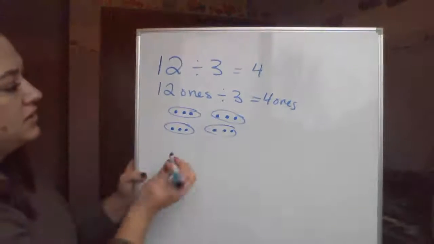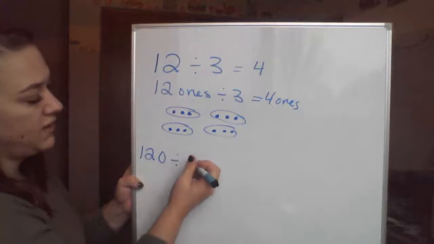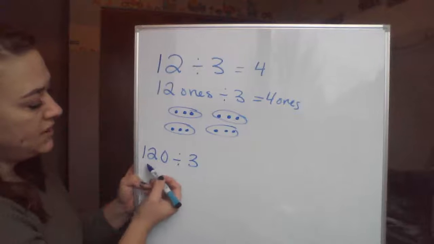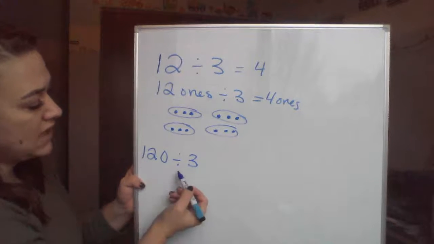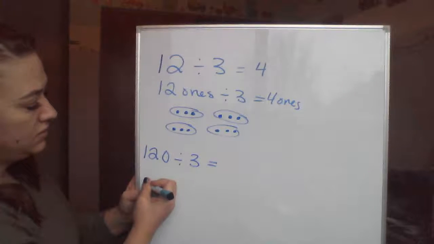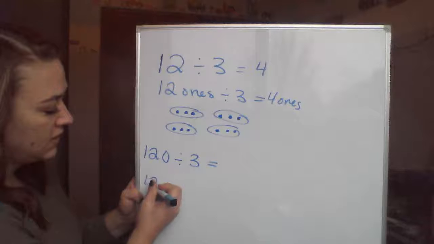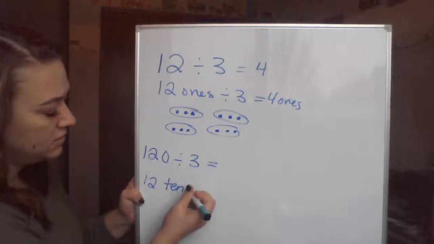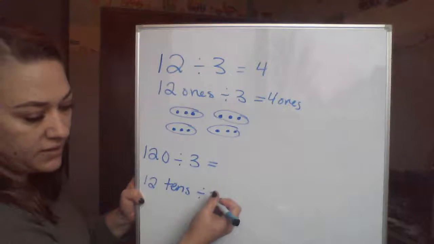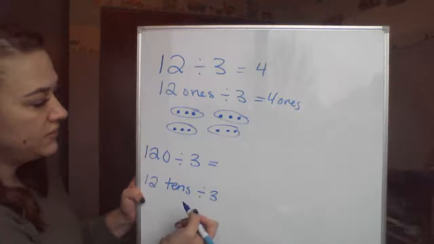Okay, so let's do 120 divided by 3. So same thing, right? I'm still working with 12 and 3, but now I have 120 divided by 3. So I have 12 tens divided by 3. Okay, so now I can show that with those place value charts.